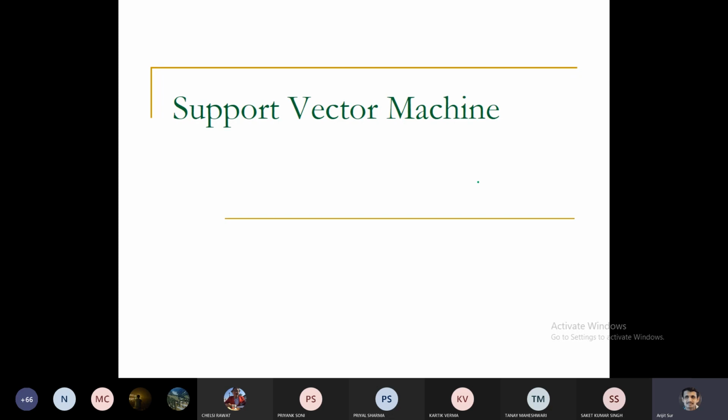And today we start with support vector machine. It is a very popular kind of classifier, and in general it is used for data which are linearly separable.